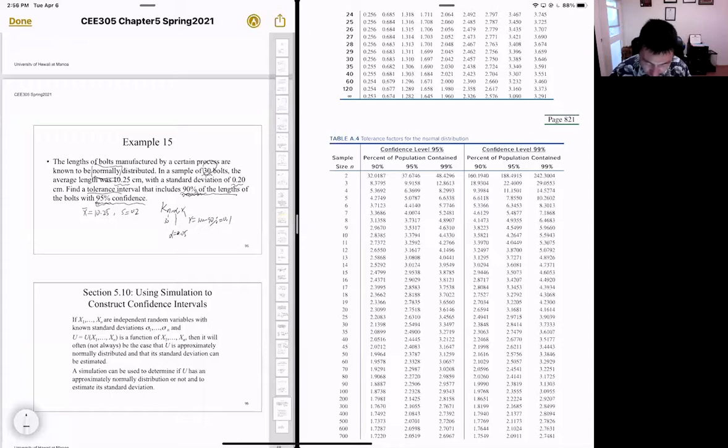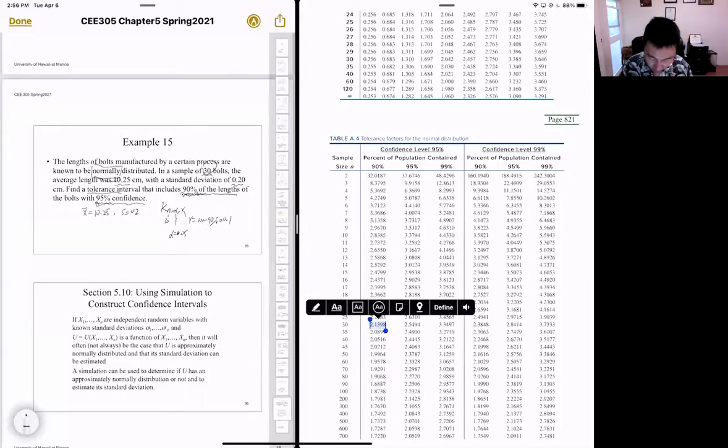The sample size is 30 here. It only shows two different confidence levels, 95% and 99%. So in our case, it is 95%, so it's in this column. And then percent of population content, that is 90%, so it's here.